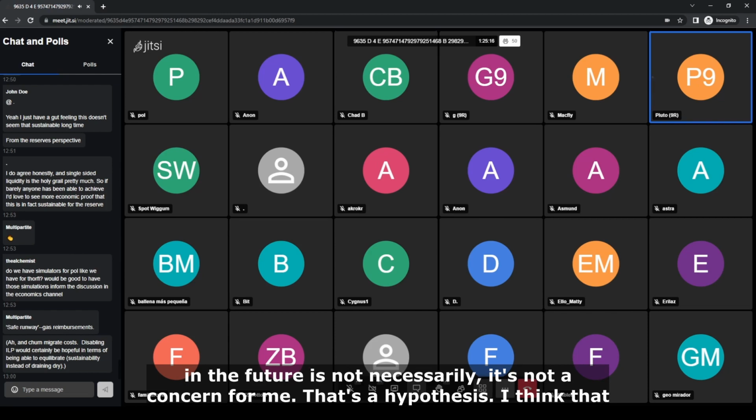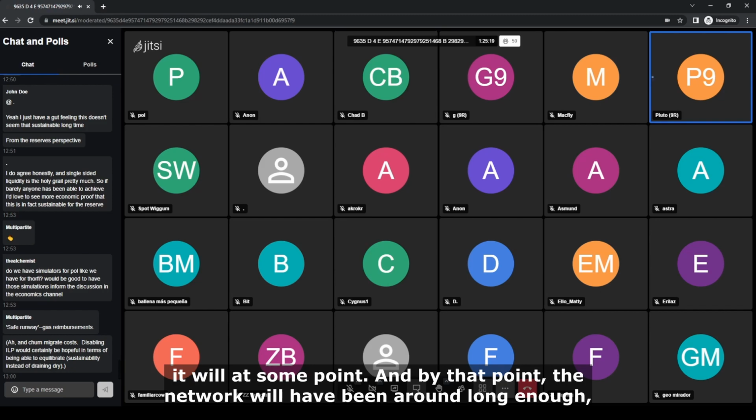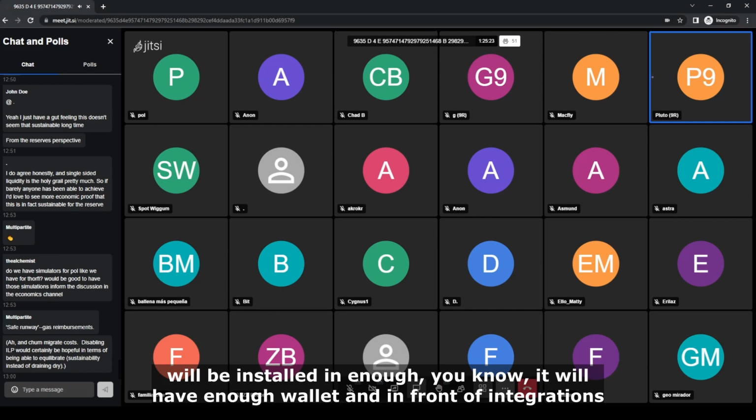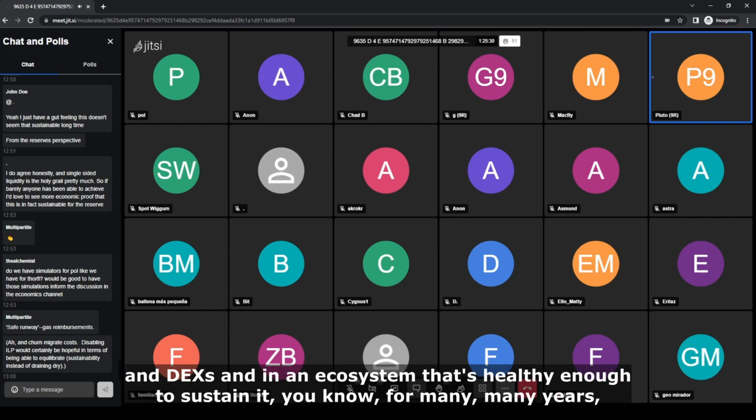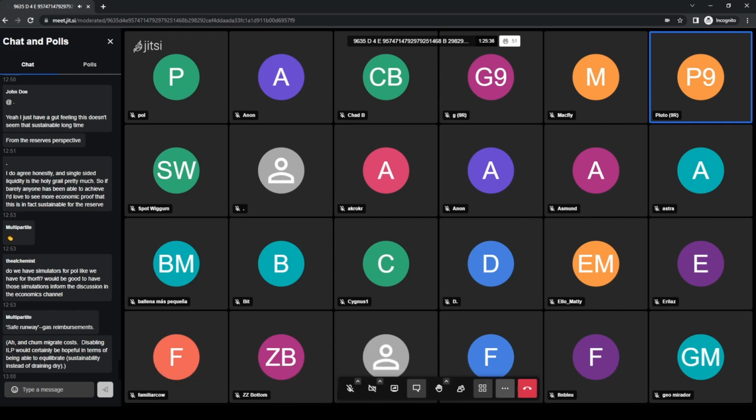That's a hypothesis. I think it will at some point, and by that point the network will have been around long enough, will be installed in enough places, will have enough wallet and front-end integrations and dexes, and an ecosystem that's healthy enough to sustain it for many years, or at least that's the hope.